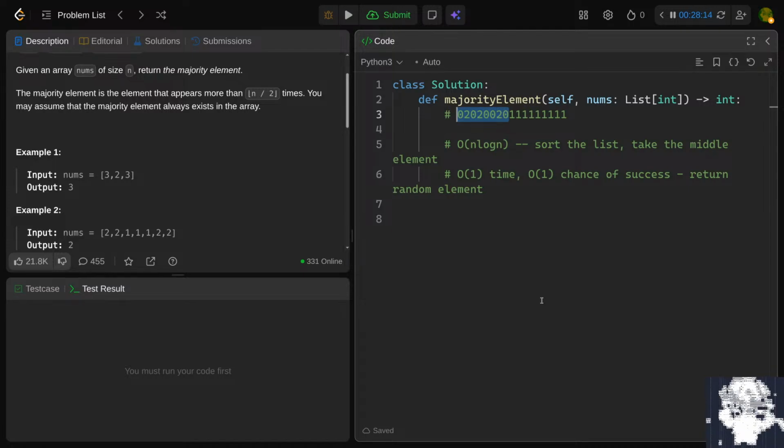If there's more than one other candidate, then each of those will show up less than n over 4 times. So there's really only ever 2 candidates at a time. But how do I know what the candidates are?